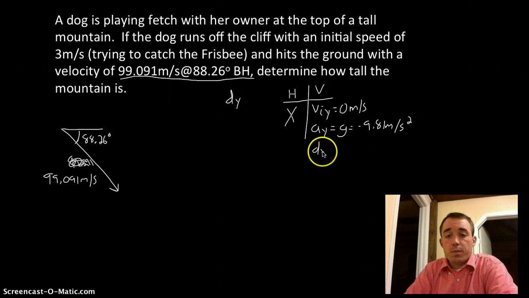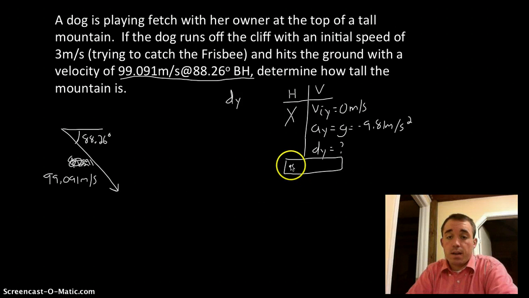We're looking for dy. In order to find that, we need an extra piece of information. There's really two ways you can go about this problem. First, you could find the time. If you know the time, you can then find dy. Or we can find VFY.